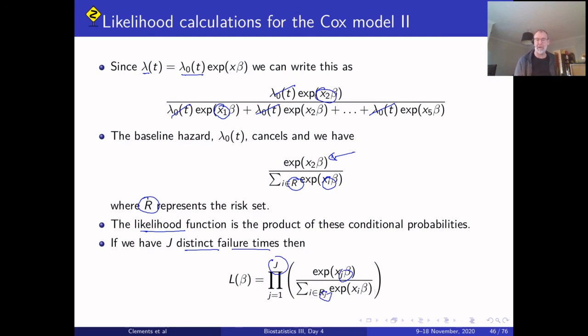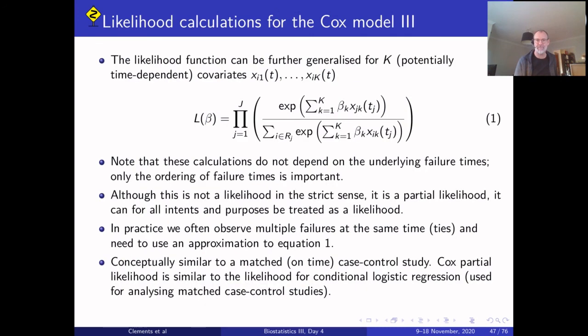And that's actually what is plugged into the maximum likelihood optimizer, and from that we can also get standard errors.